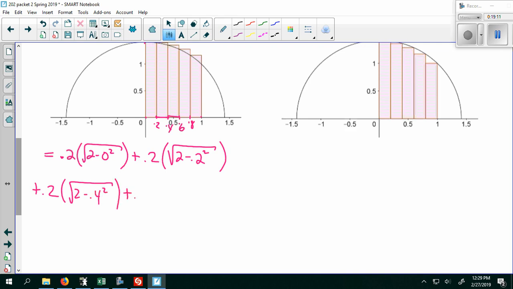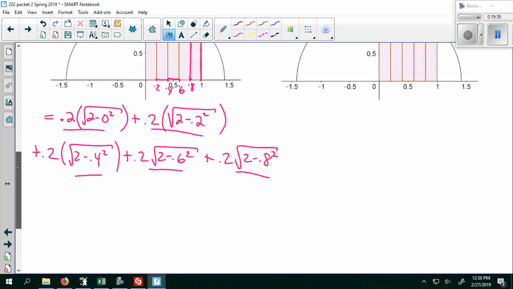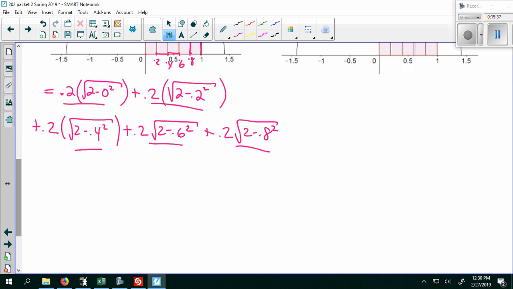Continue like this until you've done each rectangle. 0.2 times the square root of 2 minus 0.6 squared plus 0.2 times radical 2 minus 0.8 squared. That's 5: 1, 2, 3, 4, 5 rectangles. The last one has a height of the function value at 0.8. So I type this all into a calculator, and I get an estimate of 1.32.